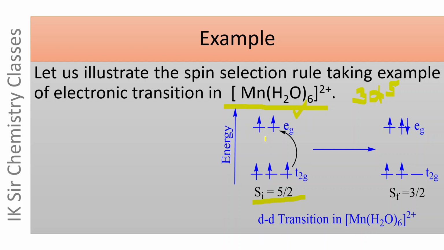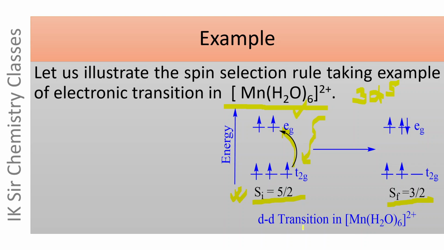The initial value of S, that is Si, will be 5 by 2, number of unpaired electrons by 2. If the transition of this electron takes place from t2g orbital to eg orbital by absorbing electromagnetic radiation from the visible UV region, this electron will get paired up according to Pauli's exclusion principle in the final, that is excited, state.